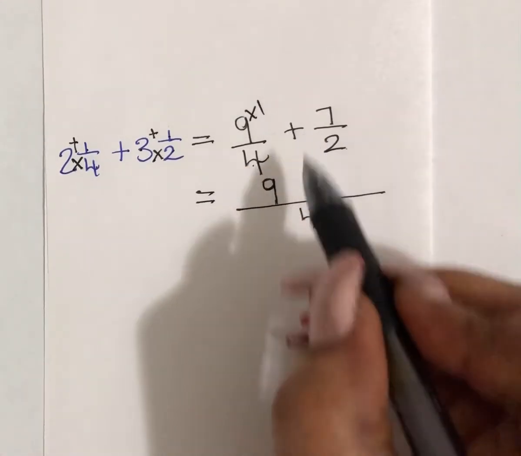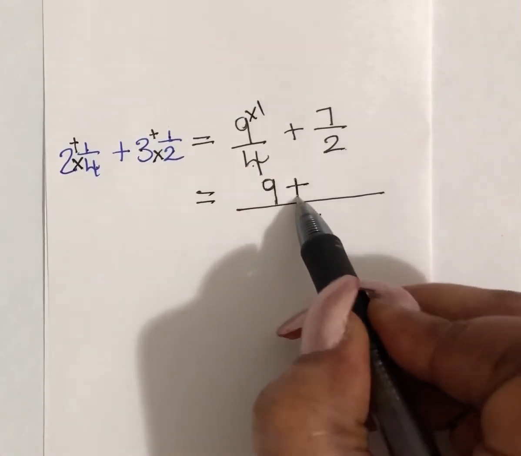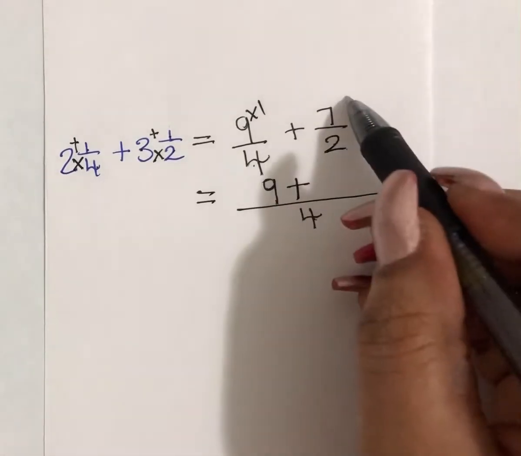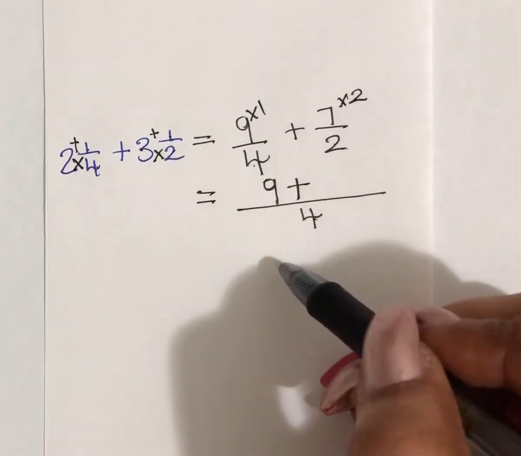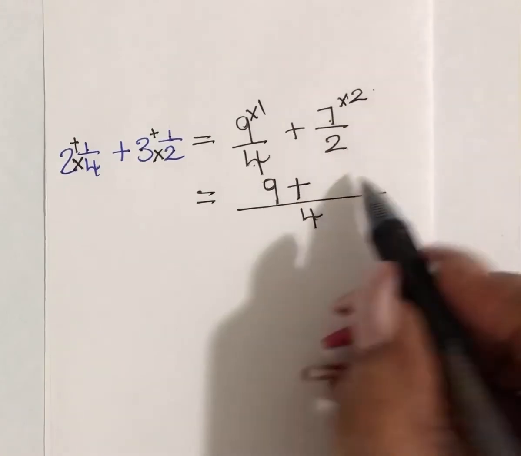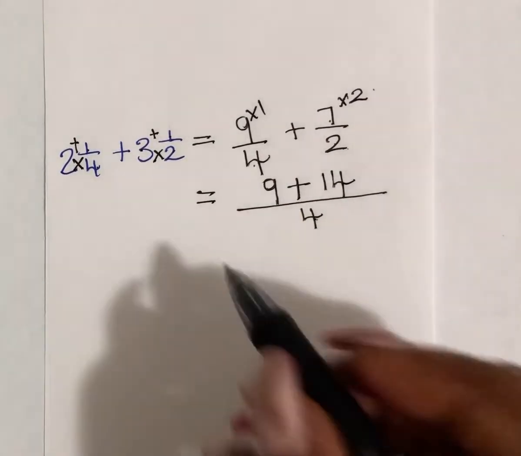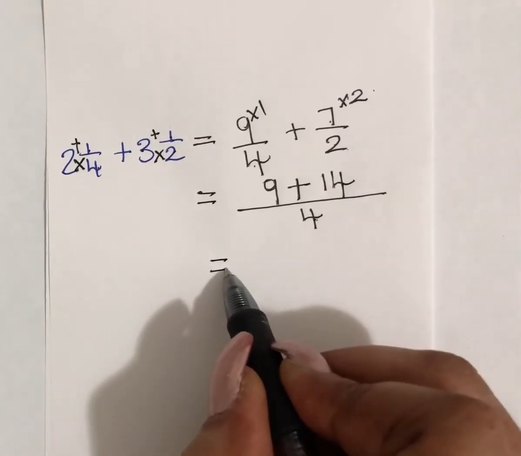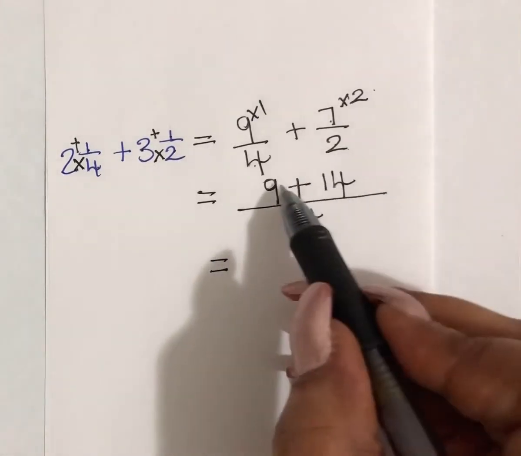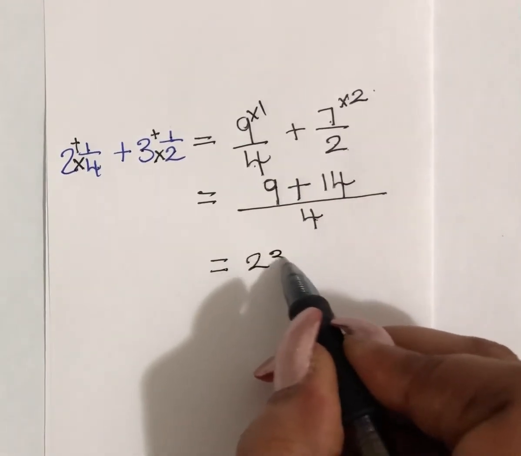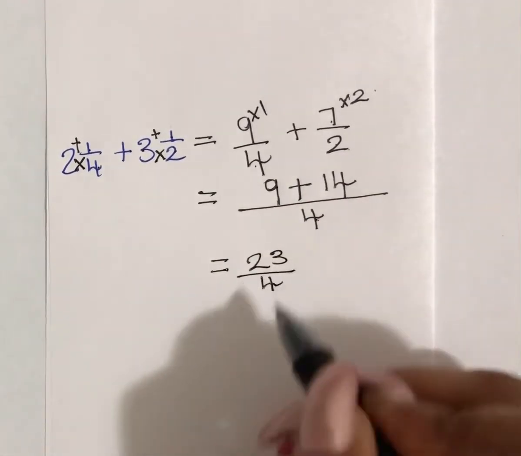Your operation sign, you write it. It's addition. 2 goes into 4 exactly 2 times. 7 multiplied by 2, 14. We simplify our numerator. 9 plus 14, 23 out of 4.